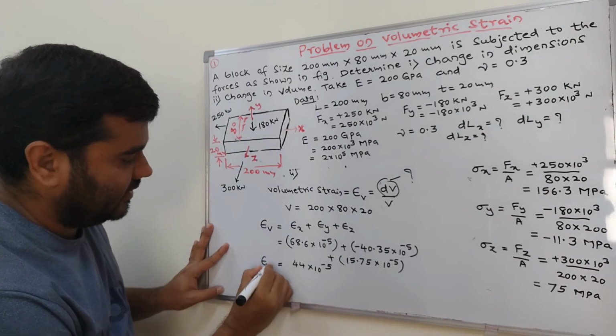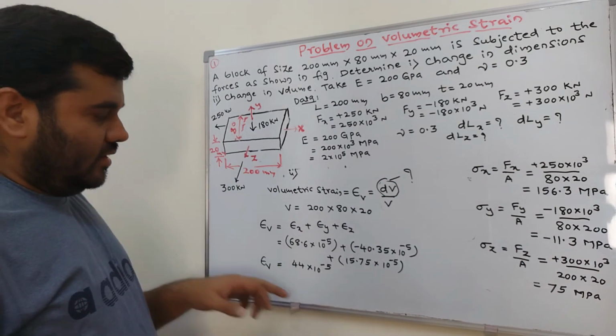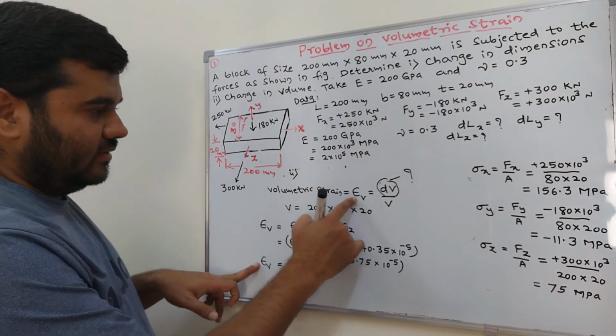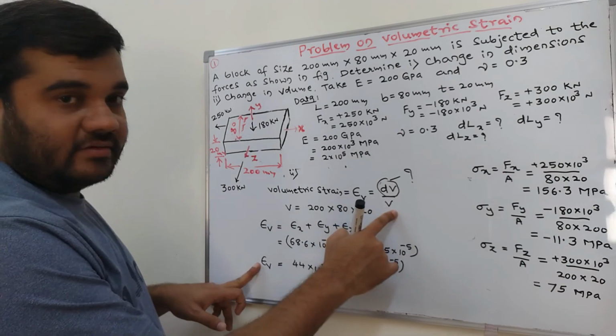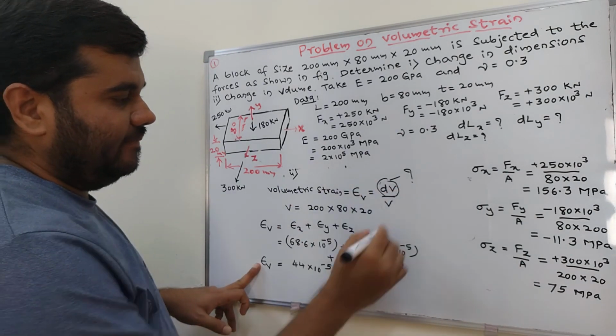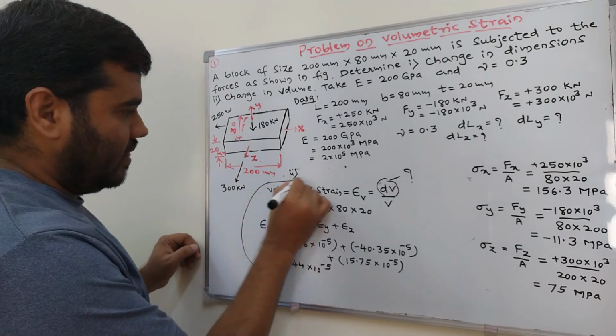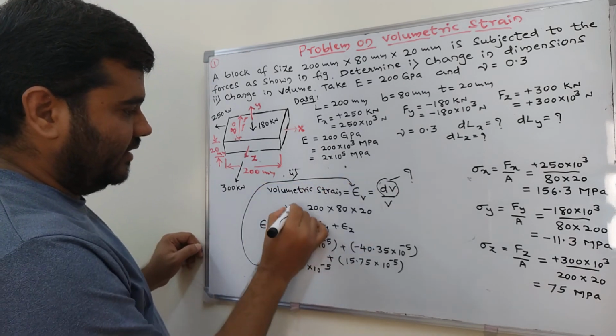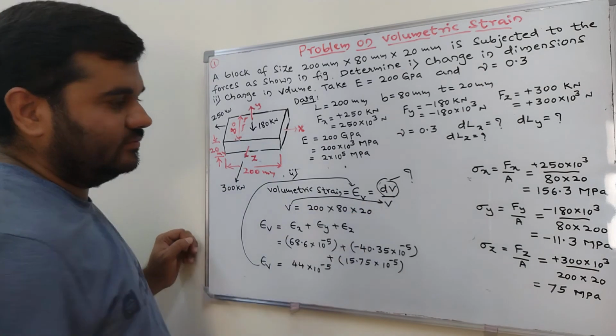That is the volumetric strain. Now substitute this value here and the total volume here, and you will get the change in volume.